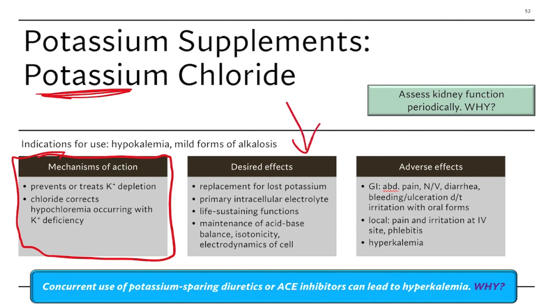Desired effect, we want to, again, replace that. And we've talked about potassium is incredibly, incredibly important for muscle function, but especially has negative connotations for the heart muscle. If we have hypo or hyperkalemia, we're going to end up with ECG changes, arrhythmias that are life or death.